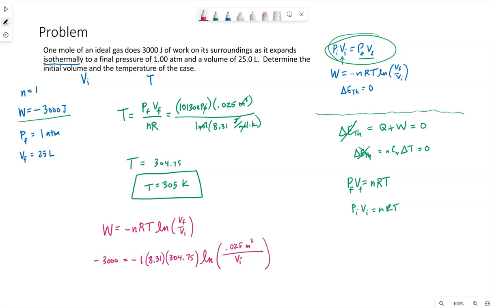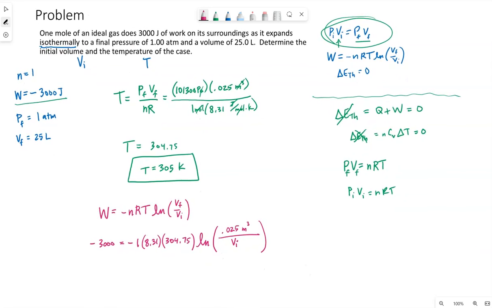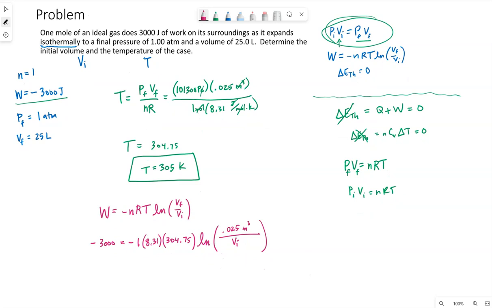Okay, so we want to get V initial out of the natural log. We can't do that until we have the natural log by itself, so we're going to need to divide the nRT to the other side.